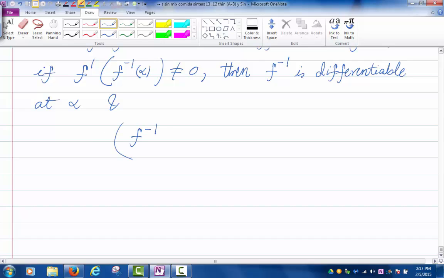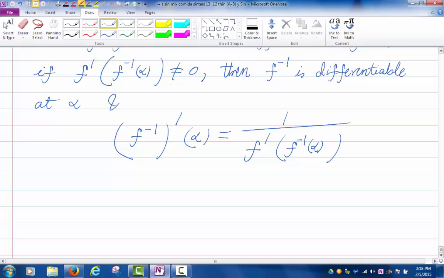And what's the derivative of the inverse? So I'm going to write f inverse prime for the derivative of f inverse. What's the derivative of f inverse at alpha? Well, it is given by 1 over the derivative of f evaluated at, and this might look strange, but f inverse of alpha. So basically the derivative of f inverse is 1 over f prime, right?